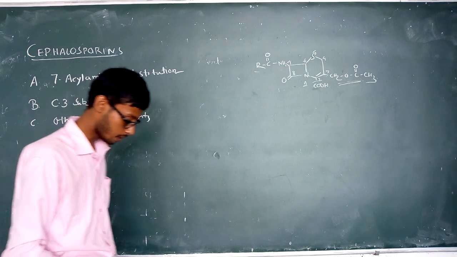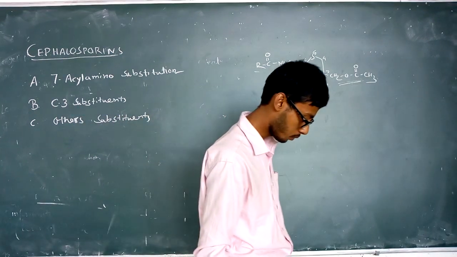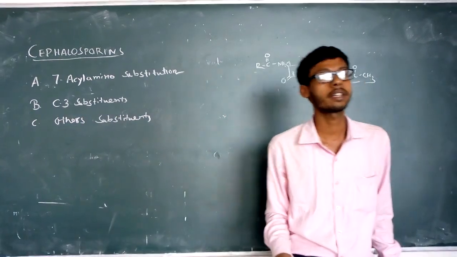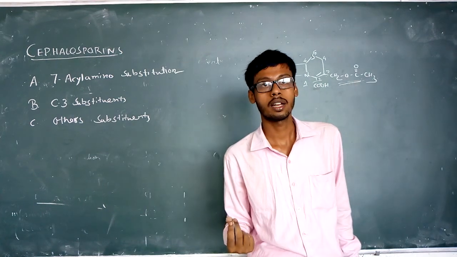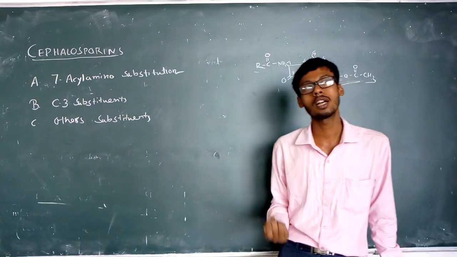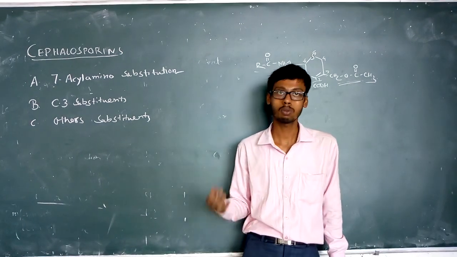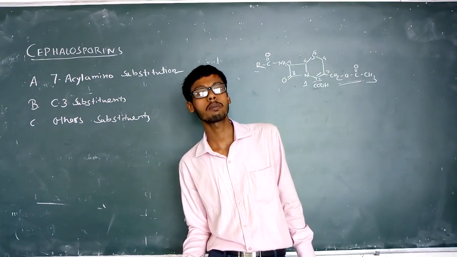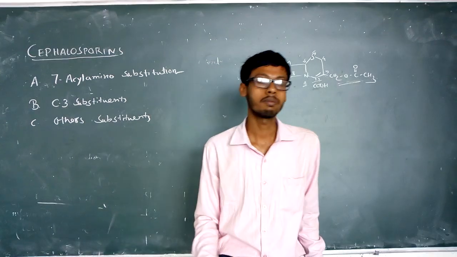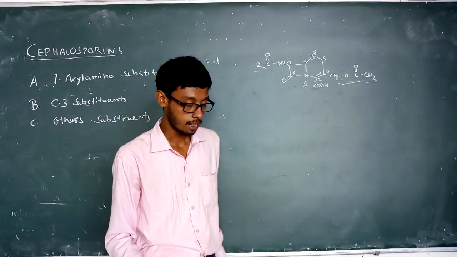Normally we know that the cephalosporin moiety is active against gram-positive bacteria, and with further modification they are also active against gram-negative bacteria, in some cases even more active against gram-negative than gram-positive bacteria, like penicillin.